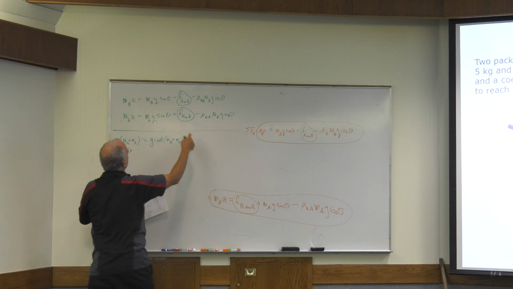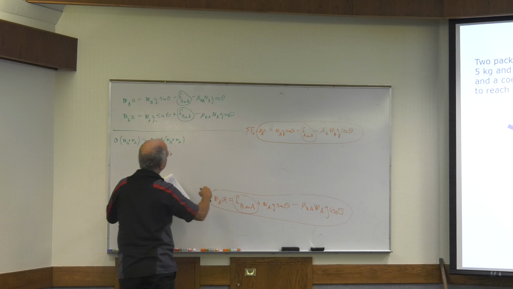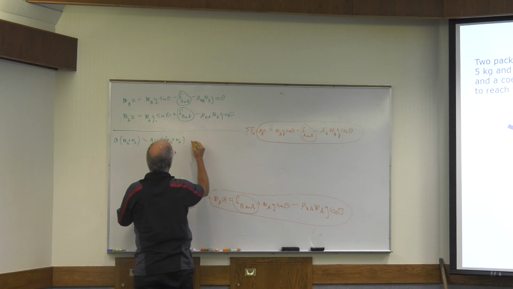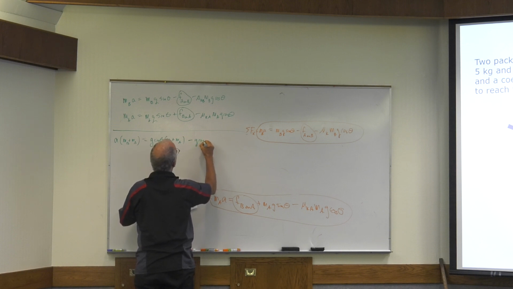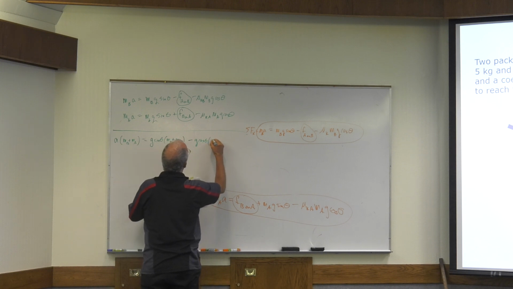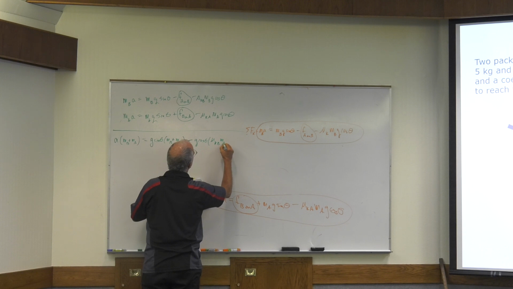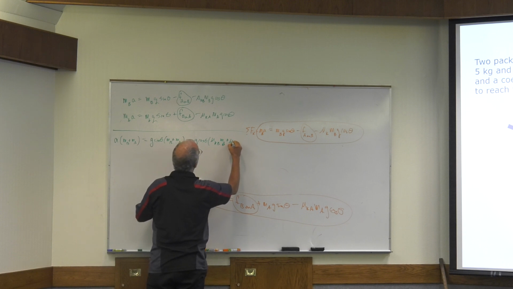That's going to kill, goodbye. And this is going to be minus G cos theta, mu KB MB plus mu KA MA.